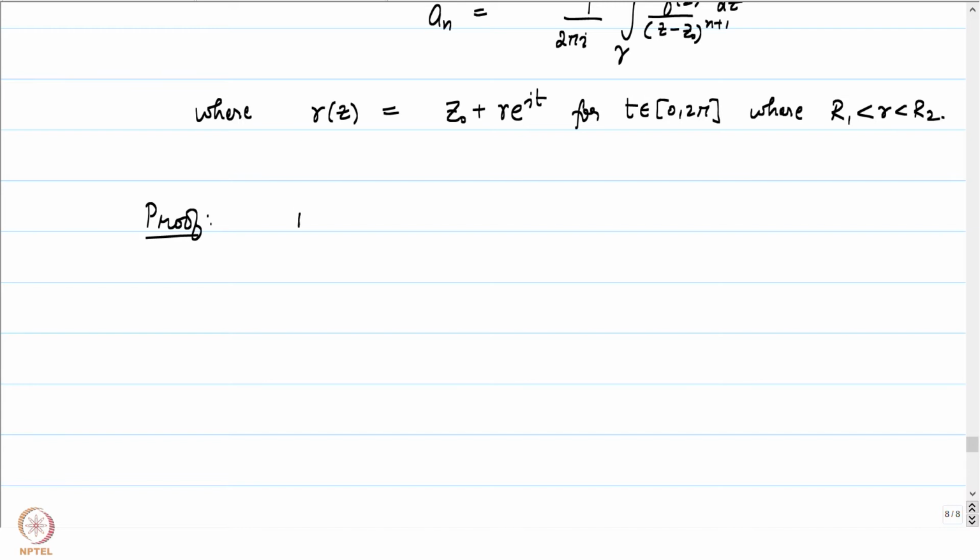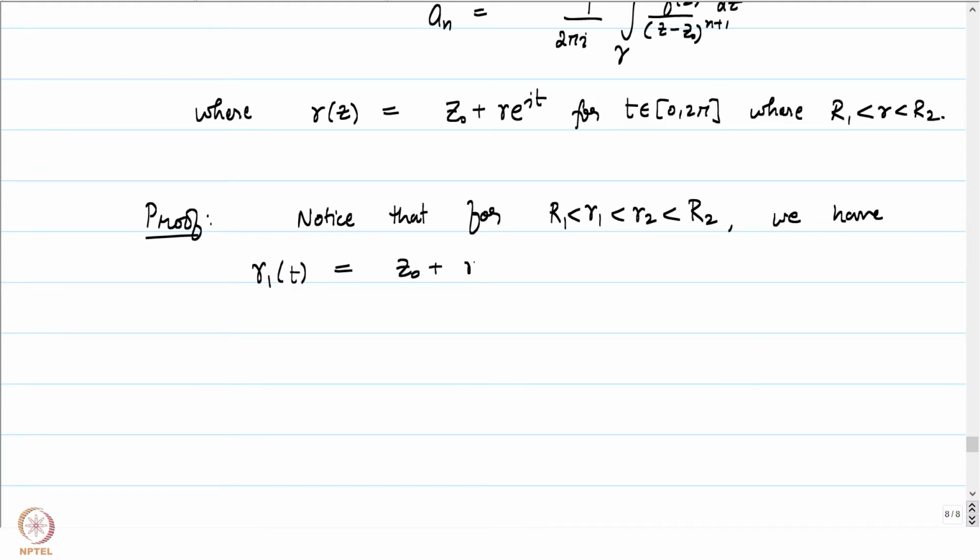Notice that for capital R1 less than small r1 less than small r2 less than capital R2, we have gamma 1 of t given by z0 plus r1 e to the power it for t in 0 to 2 pi, and gamma 2 of t given by z0 plus r2 e to the power it again for 0 to 2 pi.